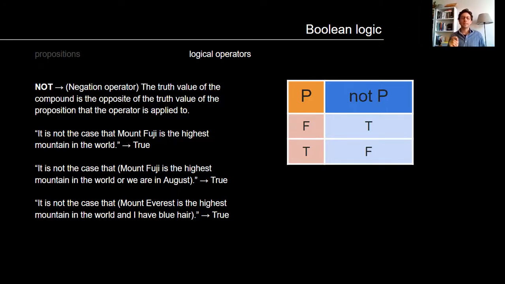But these are variables, P and Q. So you can replace P and Q with all sorts of propositions. When I was dealing with the proposition within the parentheses, the first sentence before or, which is Mount Fuji is the highest mountain in the world, was P. When I'm done with the whole parentheses, then I can call the whole parentheses P, because P is a variable, and variables, as the name suggests, vary. The value of the variables changes.